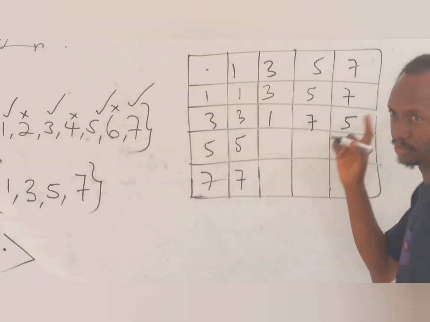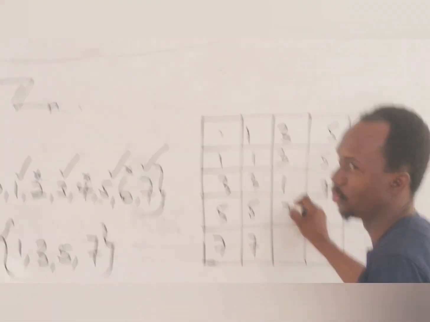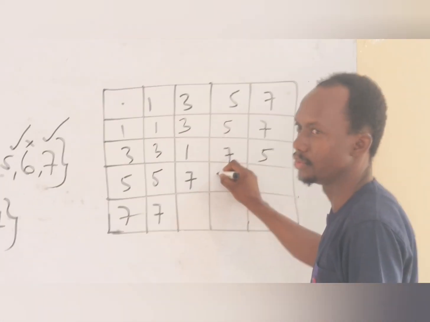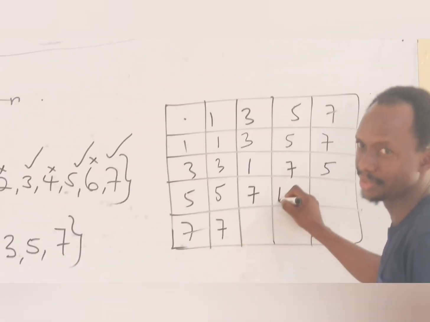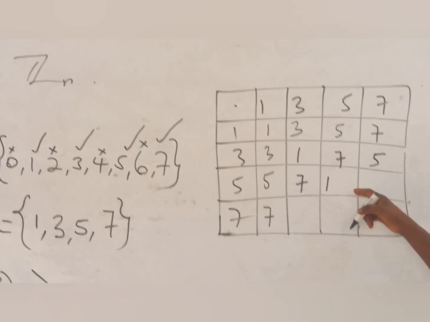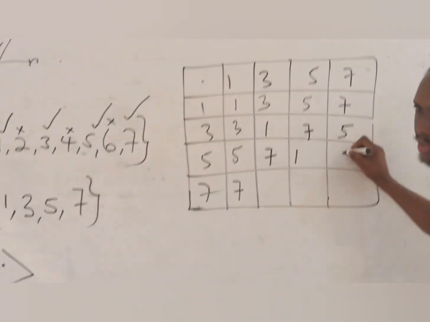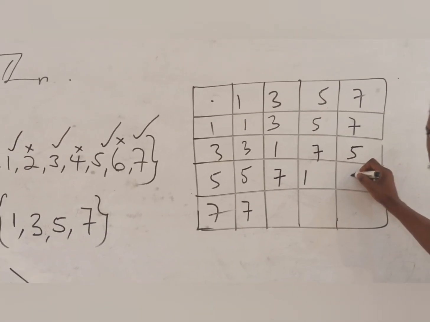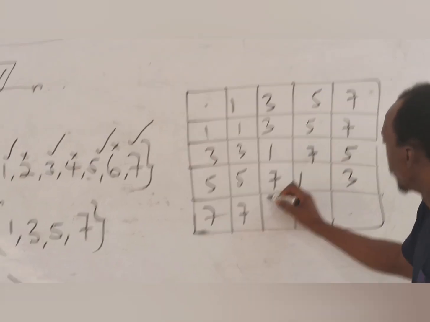5 times 1 is 5. 5 times 3, 15, 7 mod 8. 5 times 5, 25. Is it 1? 25 mod 8: 24, so 1. Easy. 5 times 7 is 35. 8 times something will give you 32, so how many? 3 left. 7 times 3, 21.